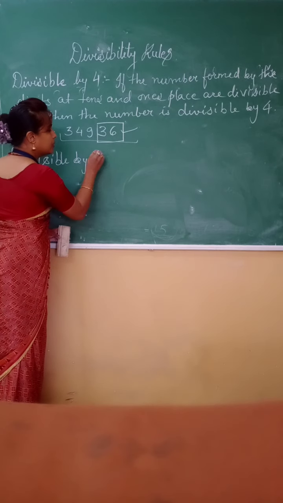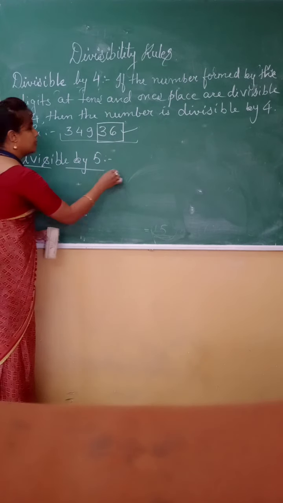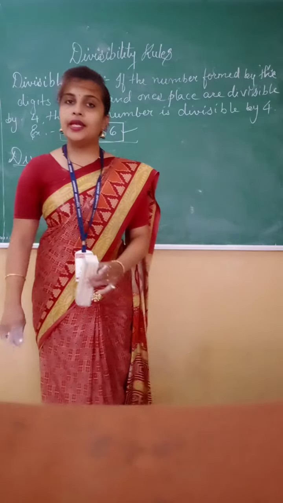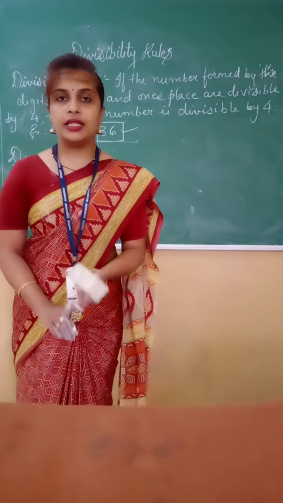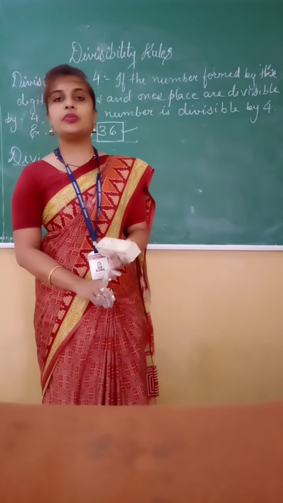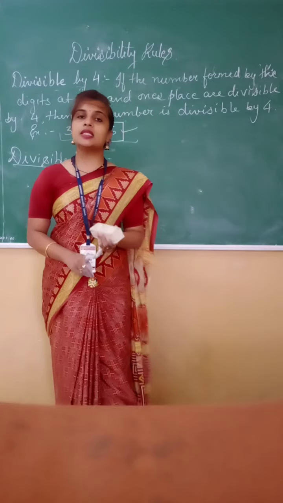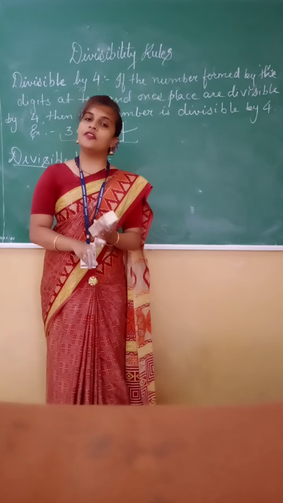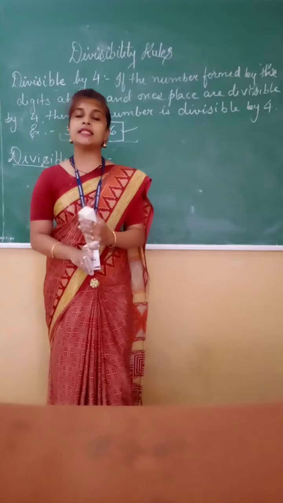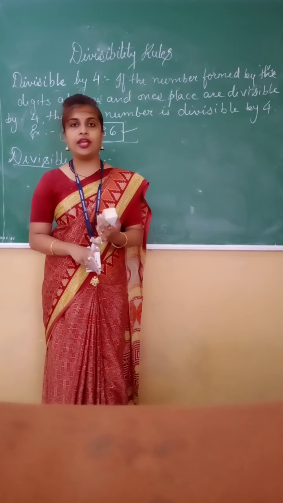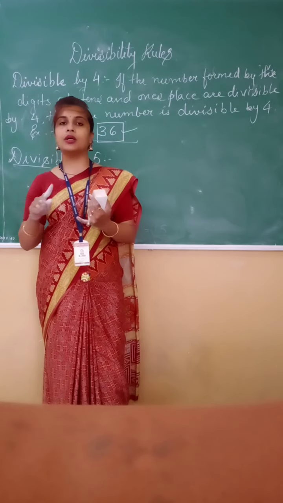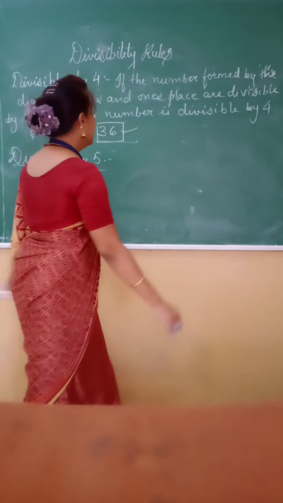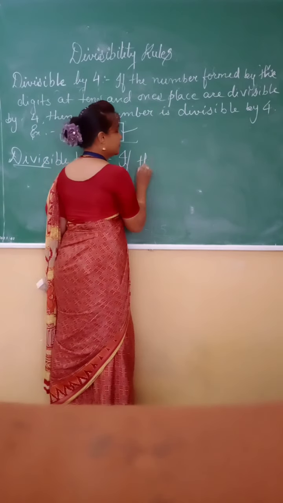Next, divisible by 5. For finding out whether the given number is divisible by 5 or not, just check the ones place. If the ones place contains 0 or 5, then the whole number will be divisible by 5.